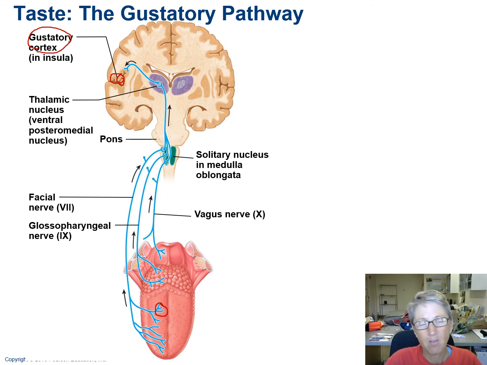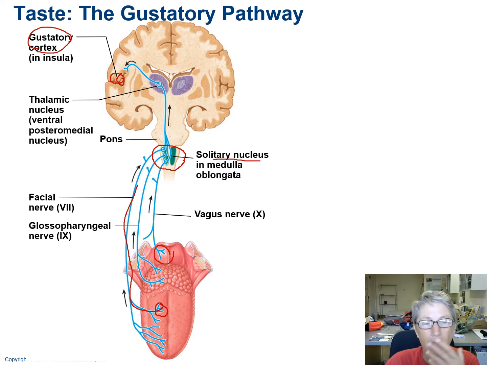And if the taste cells bind to a tastant molecule, then those cells will release a neurotransmitter, and action potentials will move along the facial nerve 7 and the glossopharyngeal nerve 9, and it also shows the vagus nerve here innervating the epiglottis. But cranial nerves 7 and 9 will send action potential information to the medulla oblongata. Those primary sensory afferent neurons will synapse in this nucleus called the solitary nucleus.